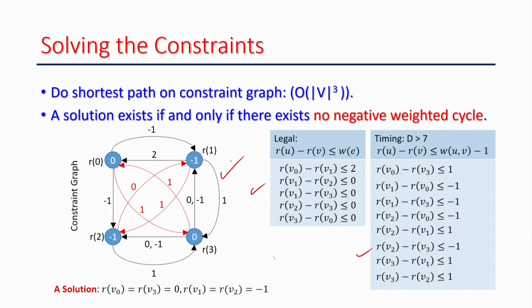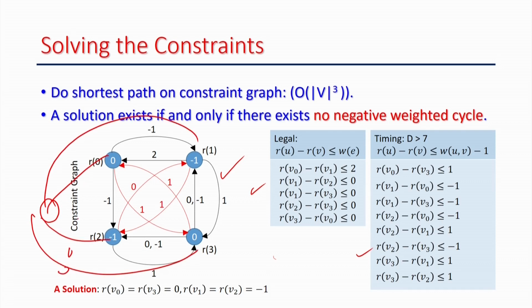That will give you the shortest path value from this extra node. In the constraint graph there should be another node from where these 0 edges are added, and this node will give you the minimum values. The solution to this problem is this. I am not going to detail how to solve this.